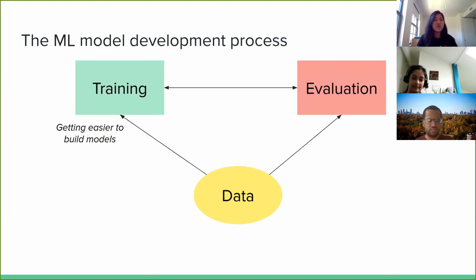There's lots of tools for visualizing how your model is training. There are libraries of various pre-trained models like Hugging Face, things like that.